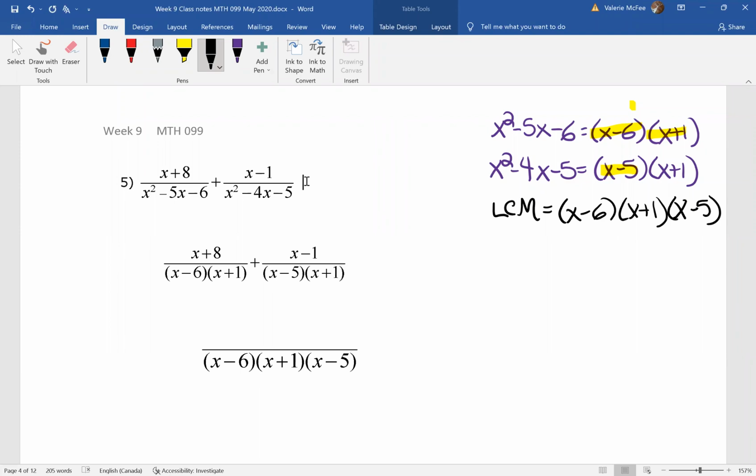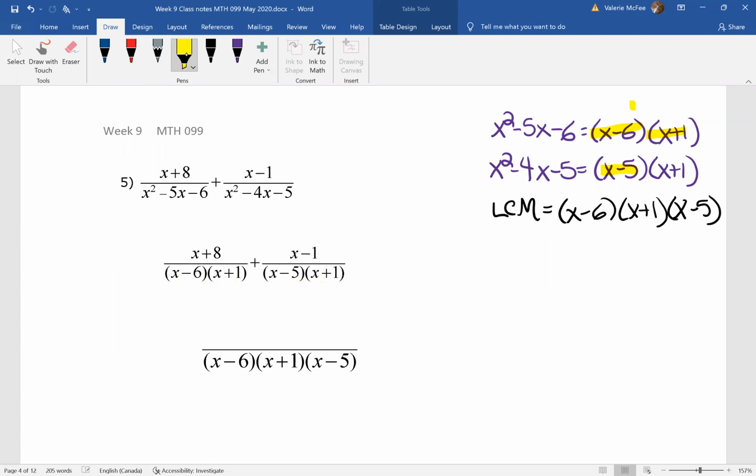Okay, so I've factored the denominators here, and we can see that we want this lowest common multiple of the denominators that we have here, but that's not what we have in each of these places. And that's why step 2 was to create that equivalent expression by multiplying the numerator and the denominator of each term by its missing factors.